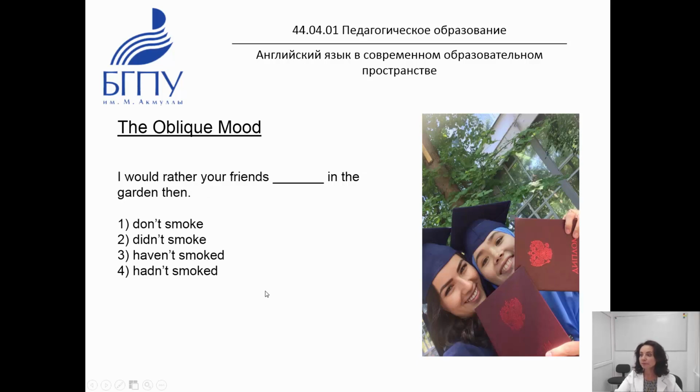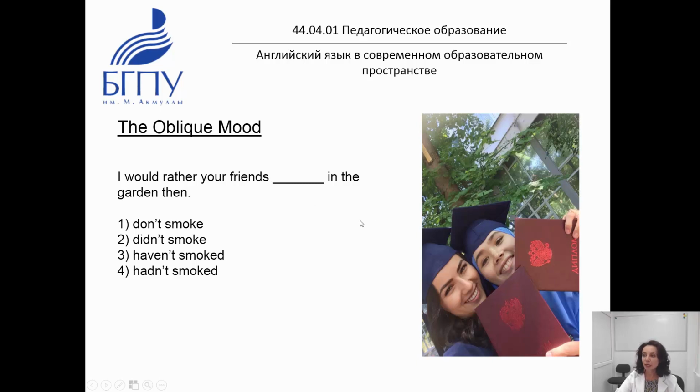Let us consider the next sentence. I would rather your friends, then comes the insertion in the garden then. After the phrase would rather, if another subject like friends comes next, this is the signal for you to use the subjunctive two. And the subjunctive two, I want to repeat one more time, is formed by the form of the past simple tense to show the simultaneity and the past perfect tense to show the priority.